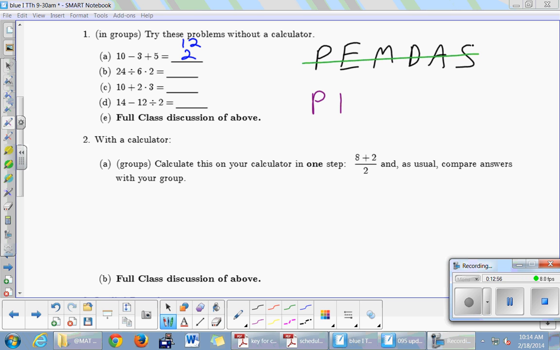And we're going to write it instead this way. Putting the M and the D aligned with each other vertically is our way of saying multiplication and division are equal in terms of priority. Equal. So do them left to right.